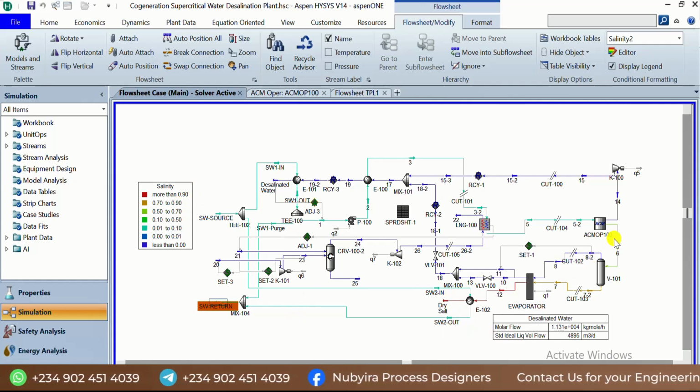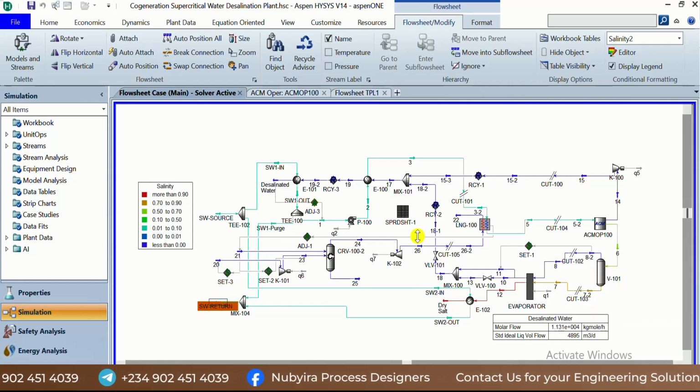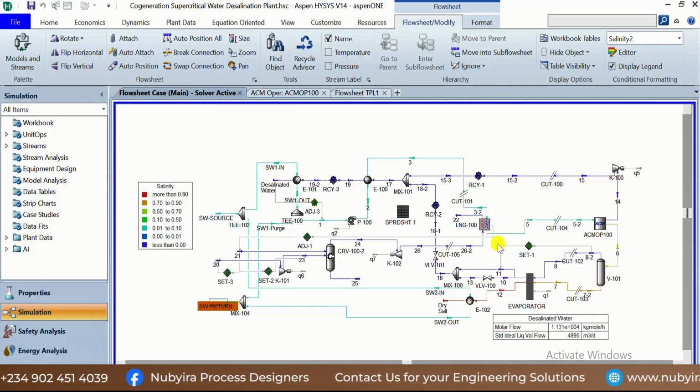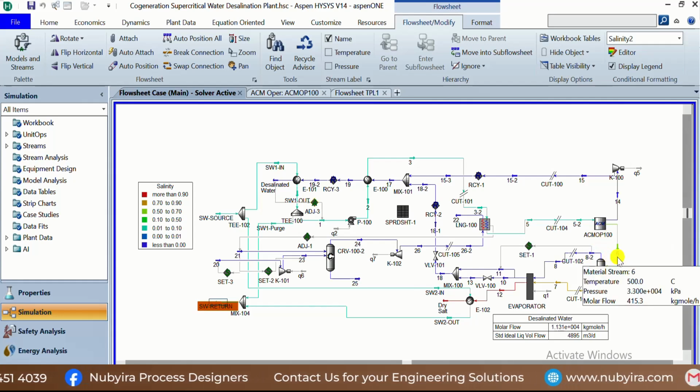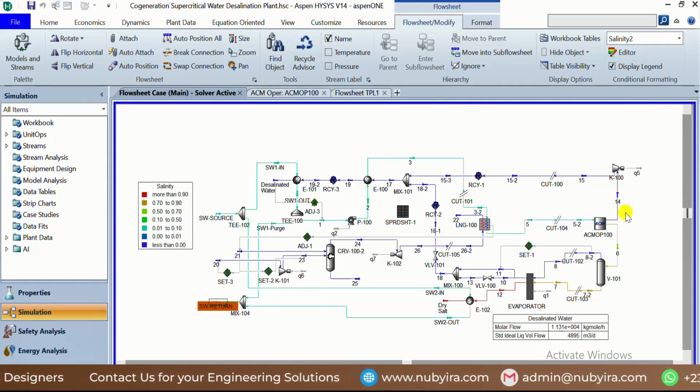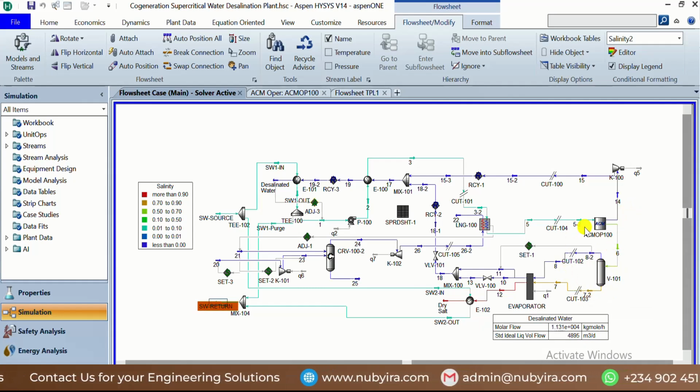So you can see the range, how the salts change from normal seawater composition salinity to high salt, concentrated salt concentration, and then the dry salt. So you can see the levels, and you measure your profile.